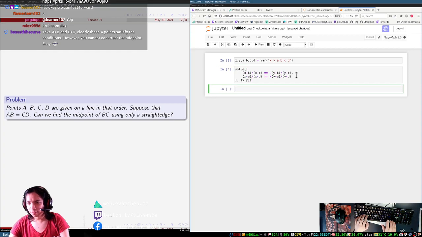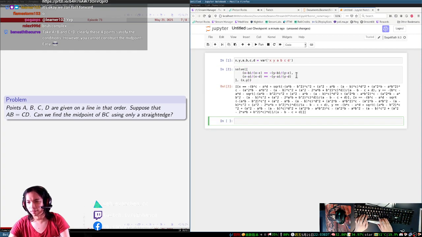Is this a syntax? Oh, it's not readable. How do you turn on LaTeX again? Is it display LaTeX? Yeah.